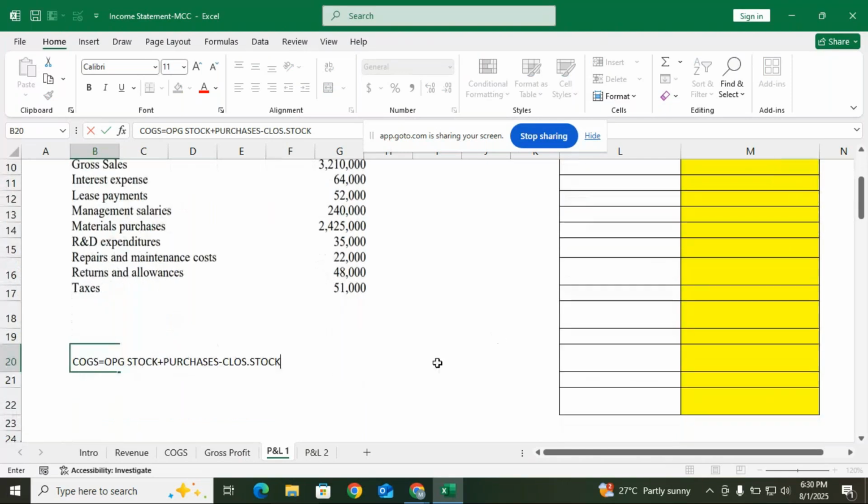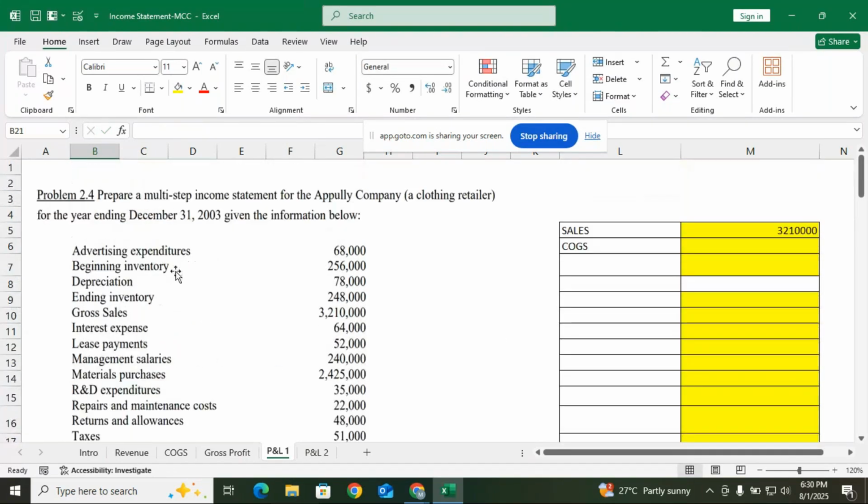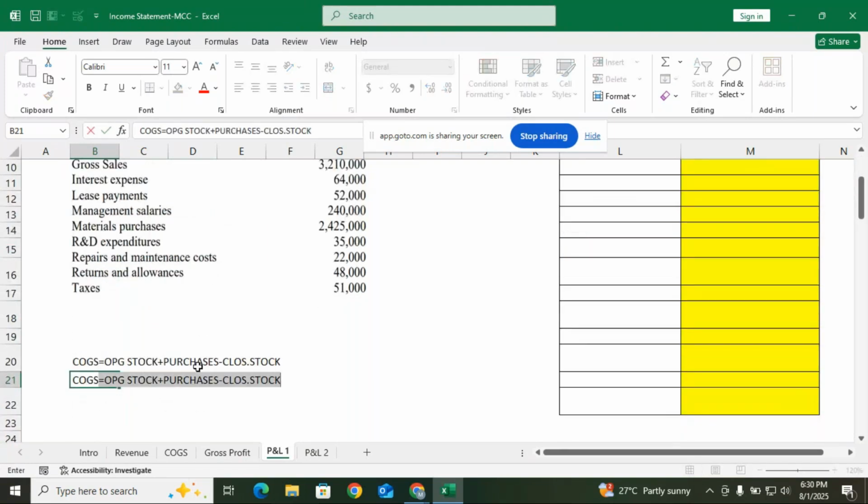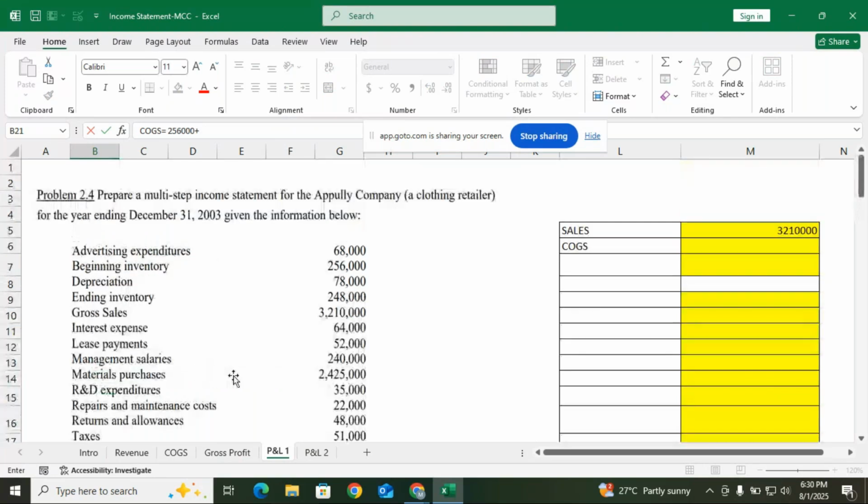Accordingly, what is the opening stock here? Beginning inventory is 2,56,000. So your COGS equals 2,56,000 opening stock plus, what are the purchases made?